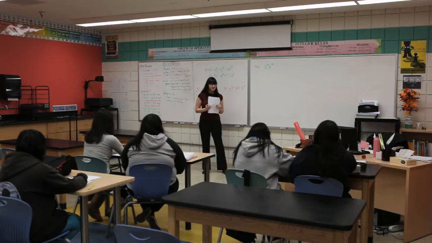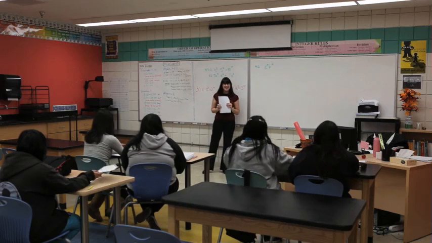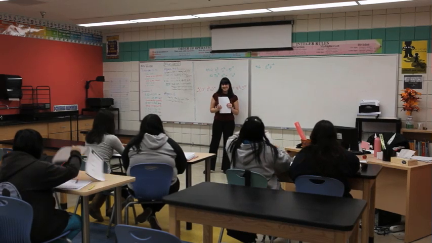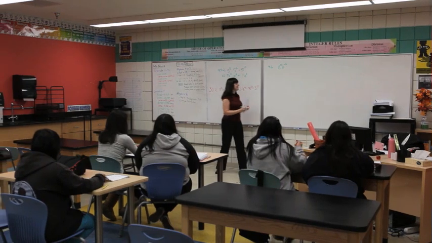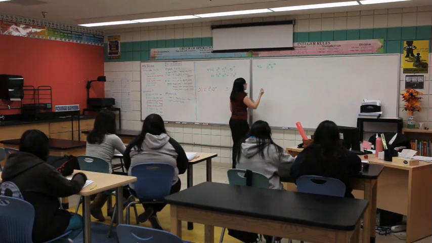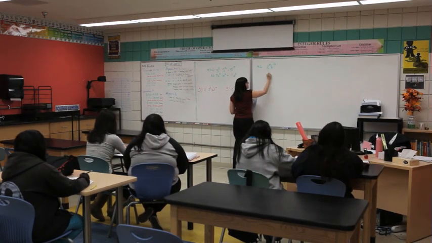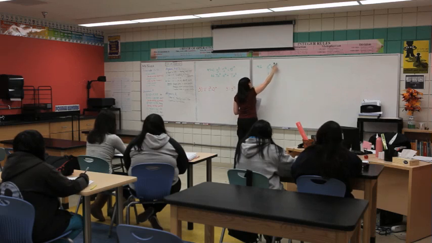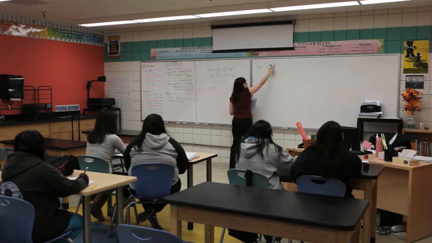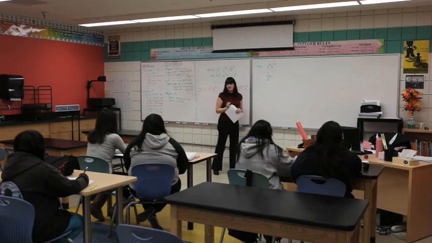No. Any other guesses? All right, quick review. So a to the 0 power is 1. Anything to a negative exponent moves down to the denominator. See that? B to the negative 5 moved down to the denominator.